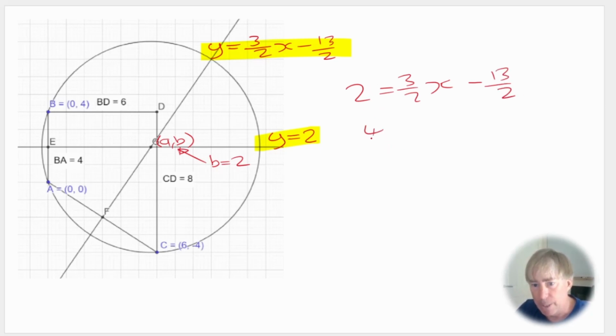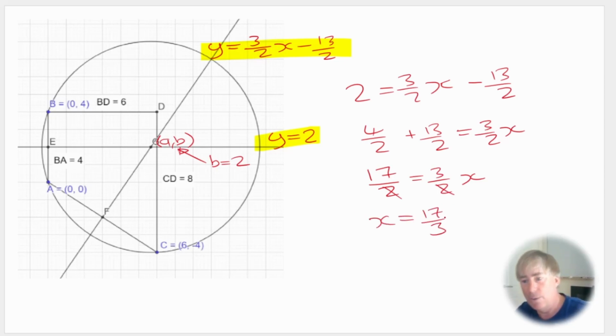So that's going to become 4 over 2 plus 13 over 2 equals 3 over 2x. And we can now combine these two. We end up with 17 over 2 is equal to 3 over 2x. So cancel our 2's through, and x is equal to 17 over 3 as before. Okay, so that's encouraging. We ended up with precisely the same set of coordinates.